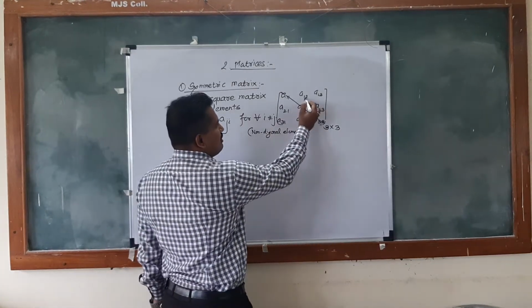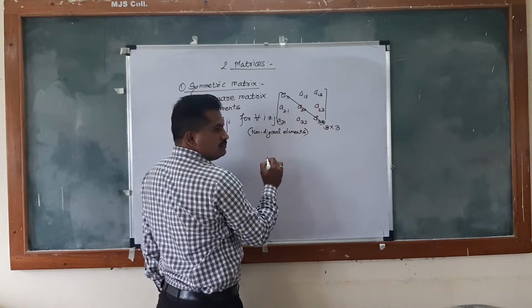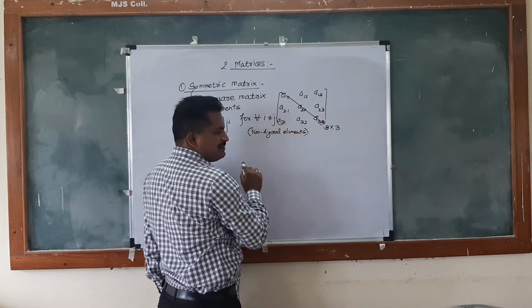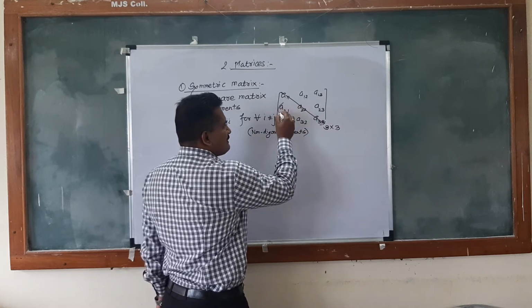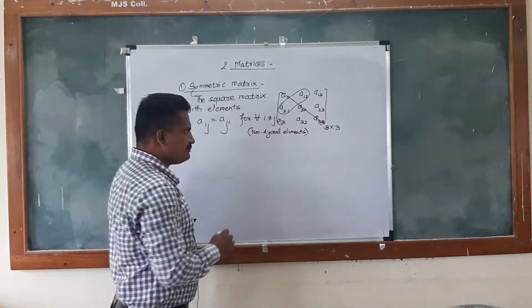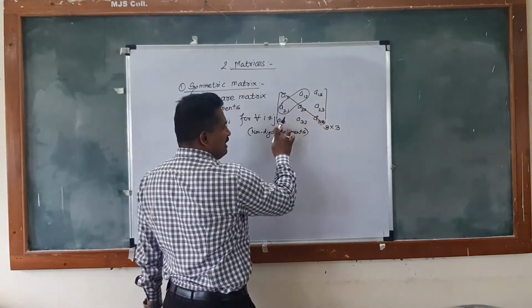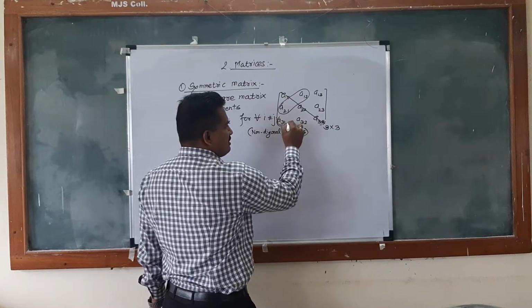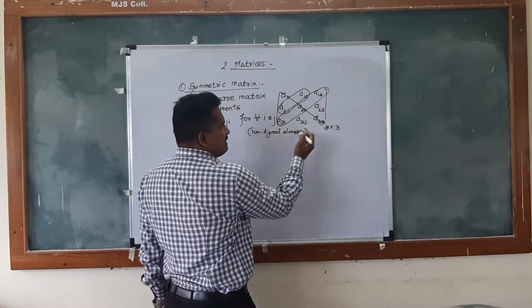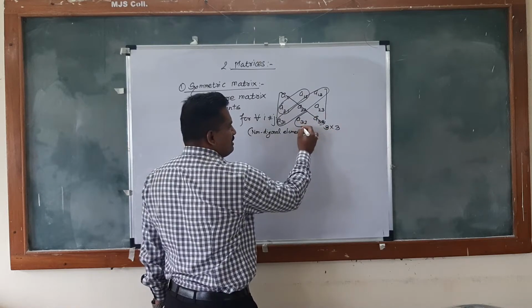Firstly, we check A12 and in reverse manner A21, that means these two elements are identical. A13, A31, these two elements are identical. And lastly, A23, A32.